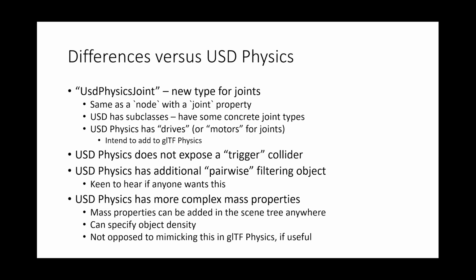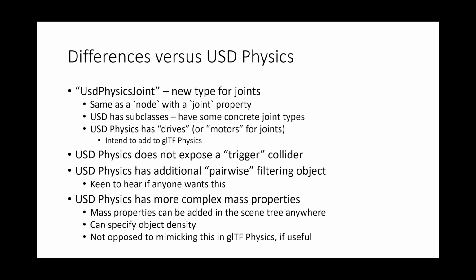They do the same thing mathematically. One is just a concrete representation rather than the abstract one. It also has drives or motors for the joints, so that constraints can push on themselves. I've been asked about this. We don't have that in the spec, but I probably will add that in the future as I've been asked about it. USD physics doesn't have a trigger object, but it's something I'd like to add soon.